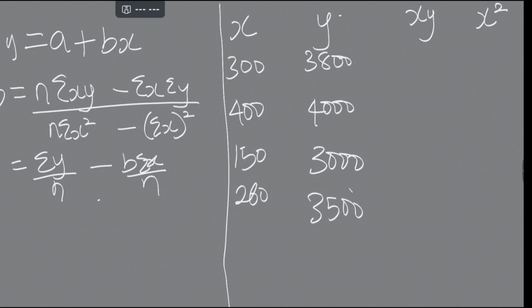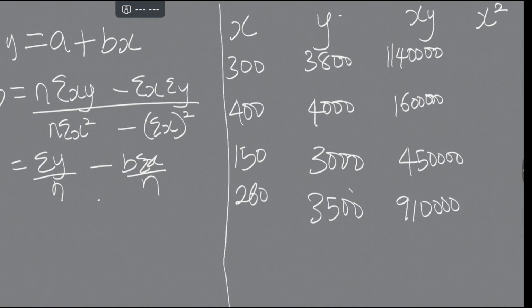So xy is going to be 300 times 3,800, which gives us 1,140,000, and then 400 times 4,000 will give us 1.6 million, right? And then 150 times 3,000 will give us 450,000, and then 260 times 3,500 will give us 910,000.